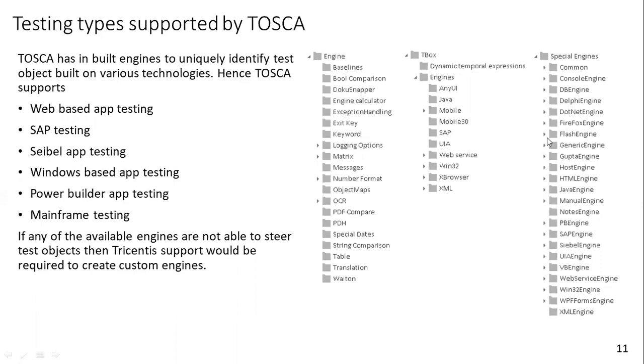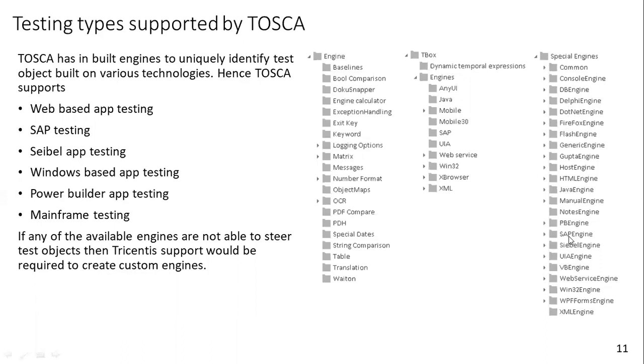These engines allow you to identify test objects of that particular application, of that technology. So here you can see the SAP engine is there. All the SAP test objects on the SAP application will be identified by this engine.